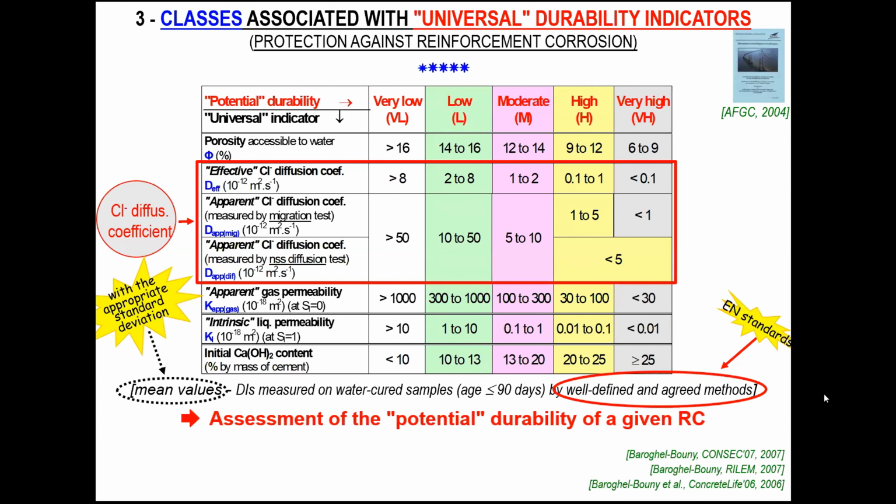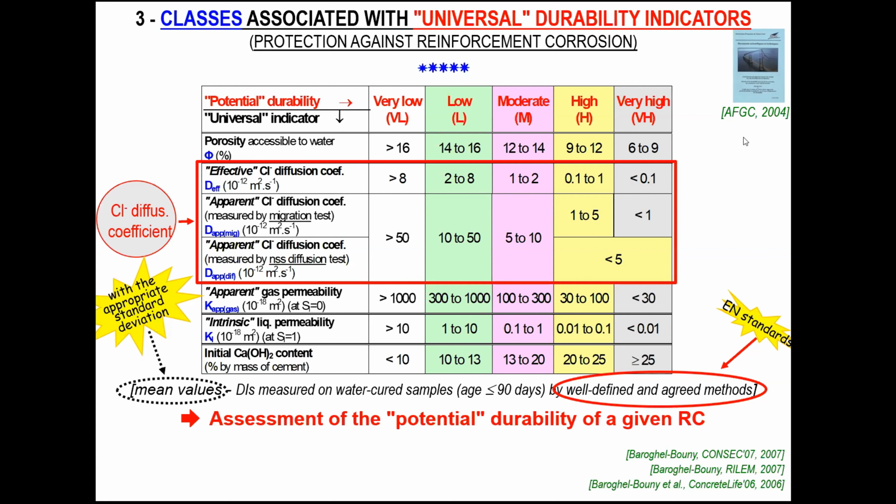So what to do with these durability indicators? First, you can sort them into classes in order to assess potential durability. I will not take too much time to deal with this because there are already previous presentations dealing with it.